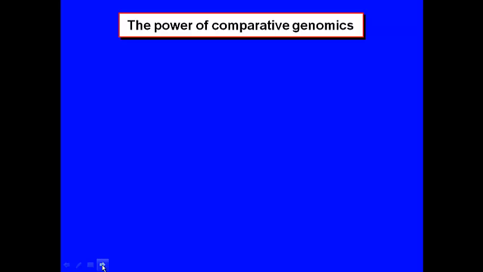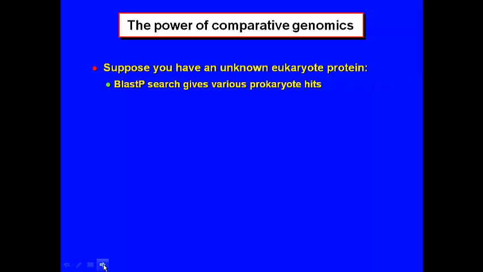The power of comparative genomics. This may be a familiar experience to some of you. Suppose you have an unknown eukaryotic protein. You don't know what it does. You do a BLAST-P search against the non-redundant database, and you find it has various hits on prokaryotes, good ones. You get encouraged.